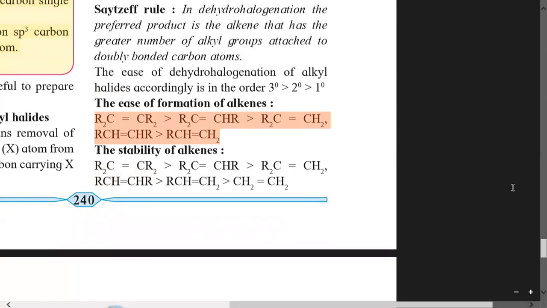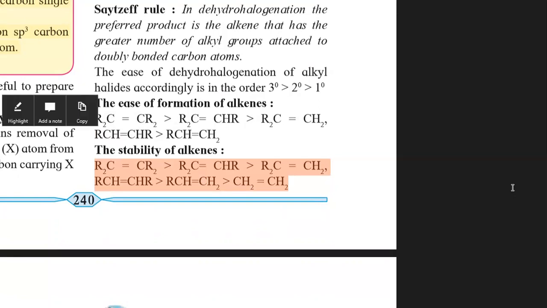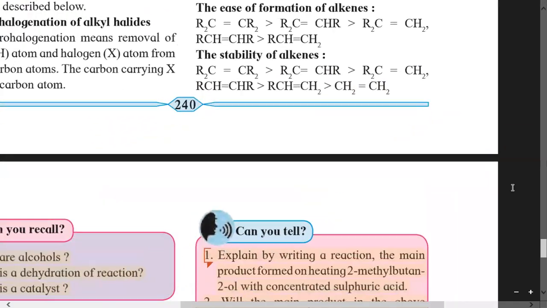order of alkenes is tetrasubstituted more stable than trisubstituted, more stable than disubstituted containing both alkyl groups on the same carbon atom, then disubstituted with two alkyl groups on adjacent carbon atoms, then monosubstituted, and then unsubstituted alkene.